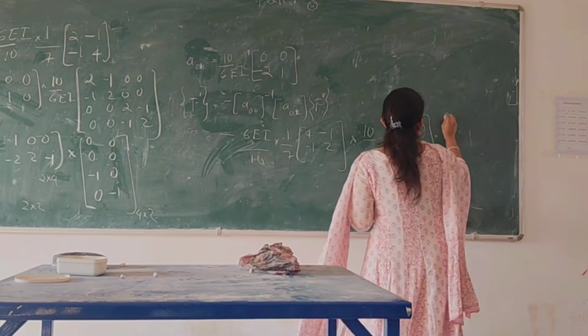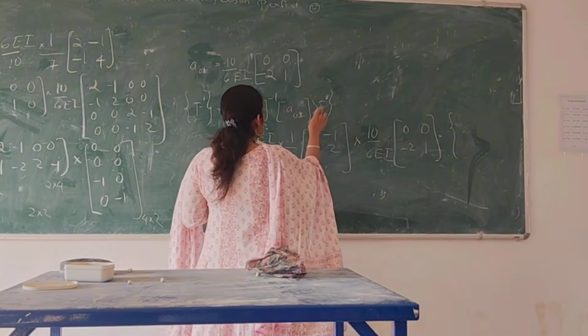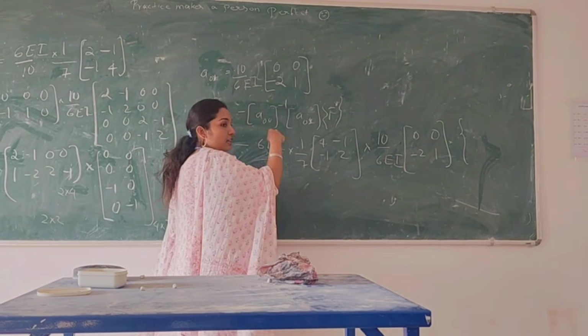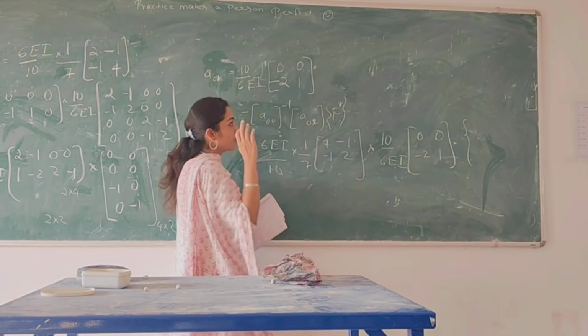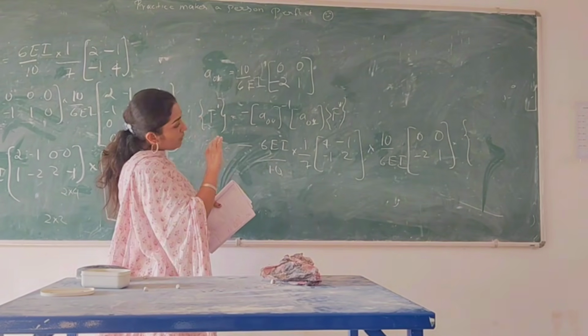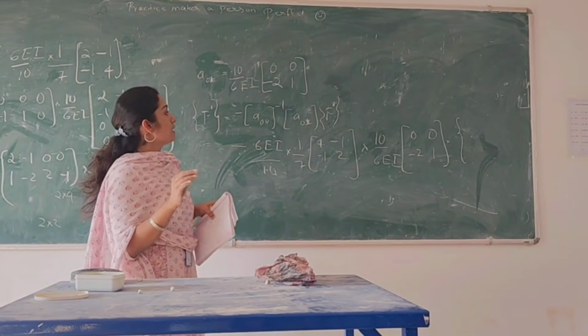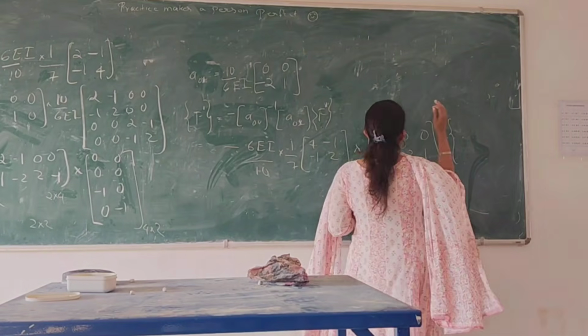Okay, and F star. Okay, this is where we are going to make a mistake. In F star, we have already taken into account the anticlockwise and clockwise moment which we have considered in the B star. Remember in the B star matrix, both the B1 star and B2 star, we have considered the anticlockwise directions there, right? So please don't take that anticlockwise direction again here.